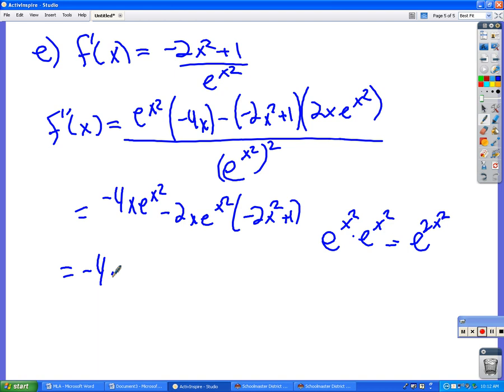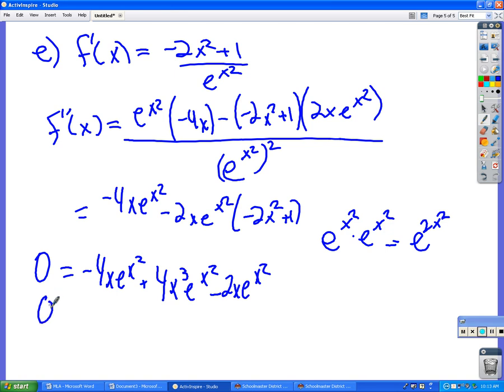So negative 4x e to the x squared, this is going to be plus 2 times 2 is 4. X times x squared is x to the third, e to the x squared, and then minus 2x e to the x. So the good news there is that we can factor out a 2 and an x.